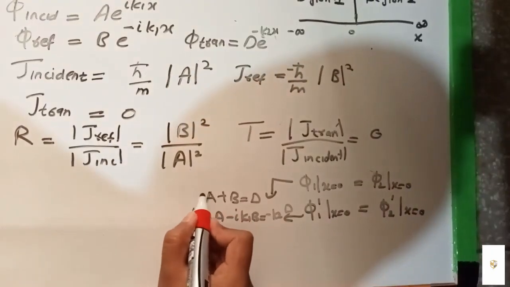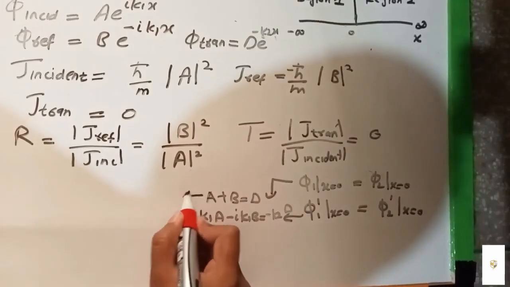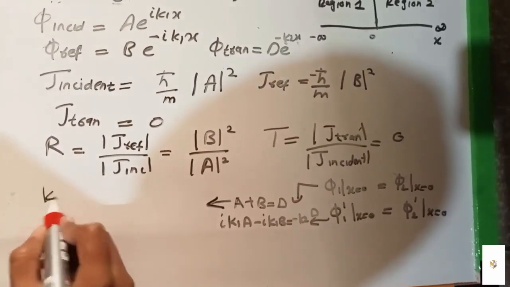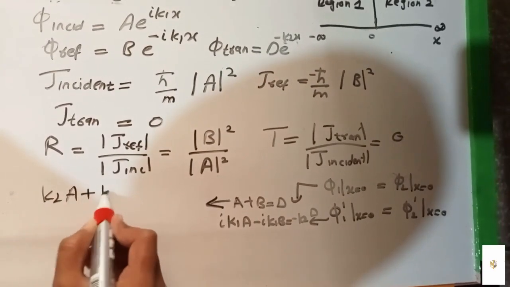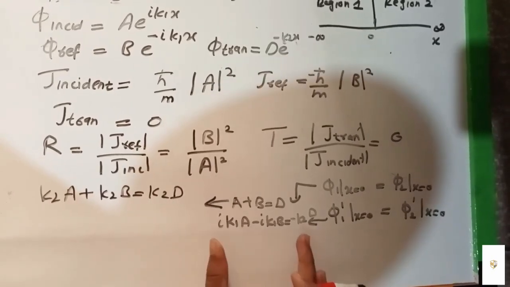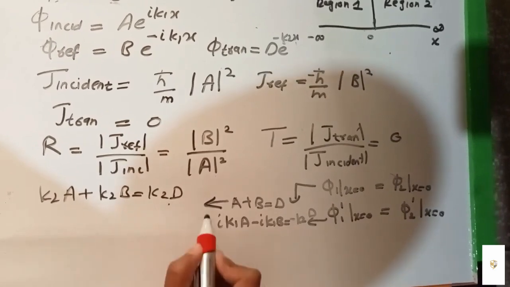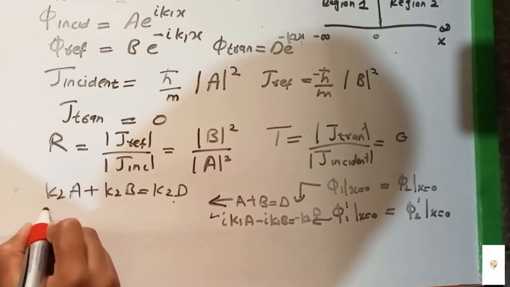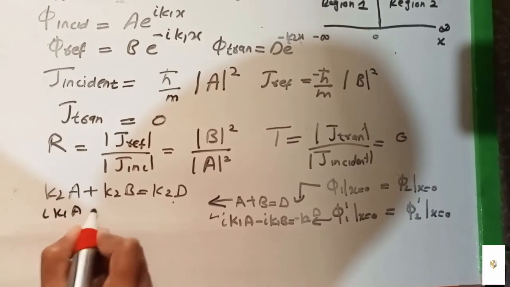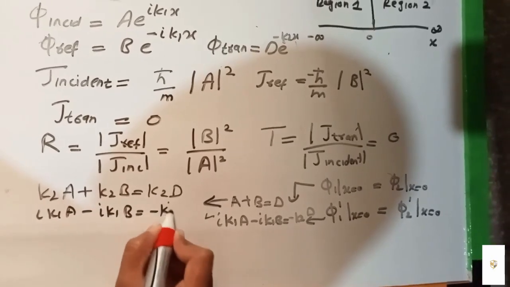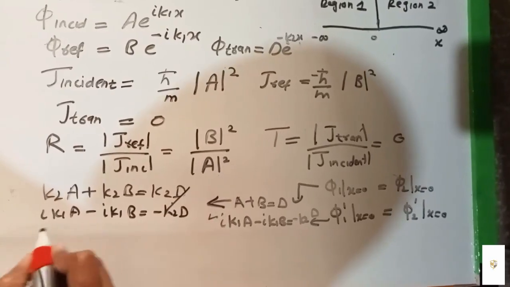Now we will multiply the first equation by k2. So this is equal to k2 A plus k2 B is equal to k2 D. Now we will add this term and this term. So it gives us iota k1 A minus iota k1 B is equal to minus k2 D. This term is cancelled out.